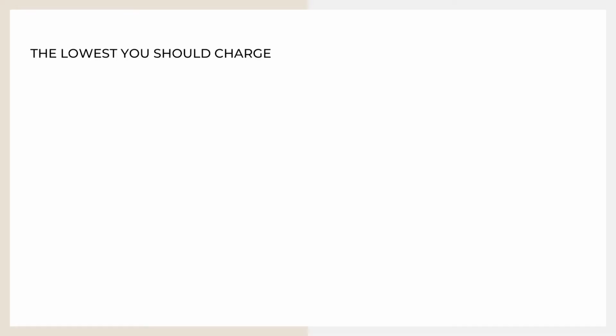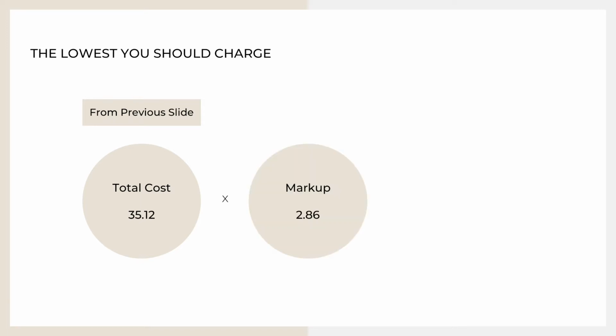Now, next up is the markup. Okay, so let's go with the lowest you should charge. Okay, this is where your total cost to fulfill is 35% of the price to your client. Now, to get this, we multiply the total cost to you by the markup, which is 2.86.